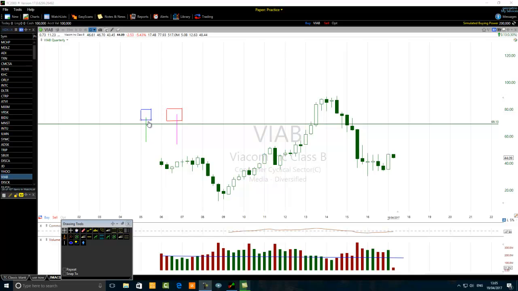But as the price continues to go down, there were more buyers buying the stock. Suddenly the price started going back up and managed to close above the opening level. So it became bullish.